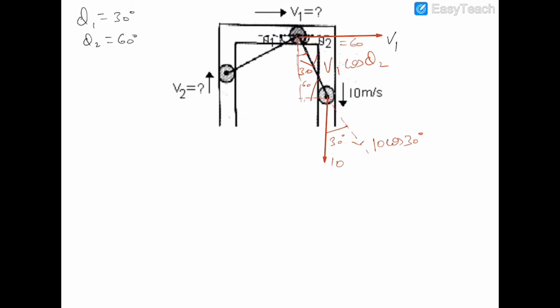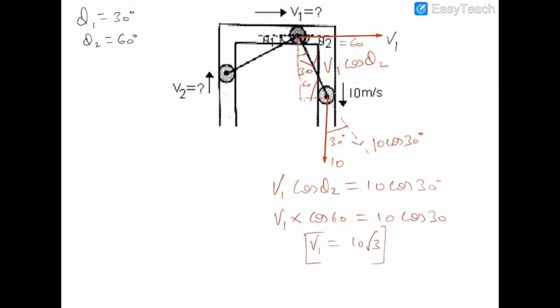Now I have to equate v1 cos theta 2 and 10 cos 30. So v1 cos 60 degree is equal to 10 cos 30. So v1 will be equal to 10 root 3. This is the value of v1. Now we are concerned about the next, to find out v2. So to find out v2, we can see that v2 is like that. This is v2.